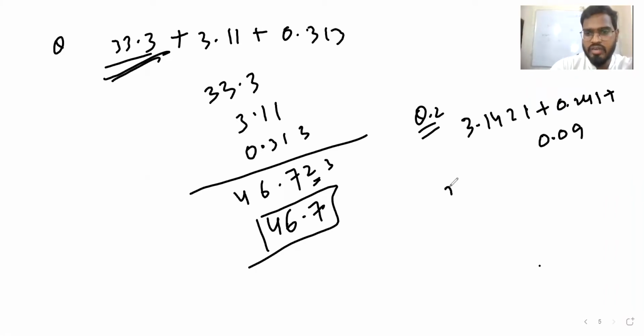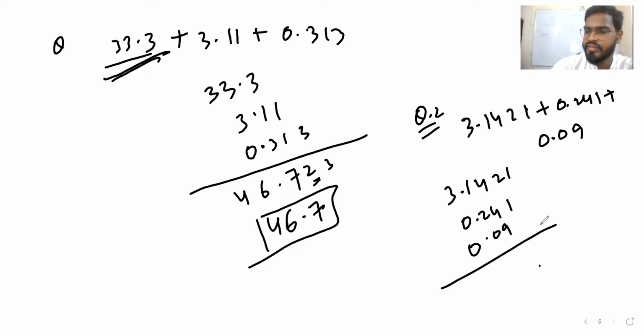If you add all this, 3.1421 and then 0.241, 0.09, right? So 1, 3 and 17, 1, 4, right?